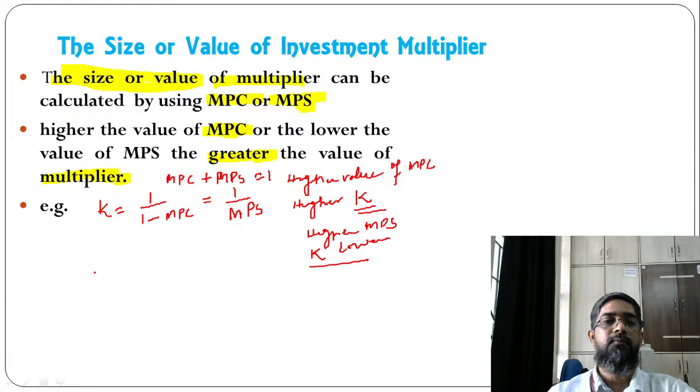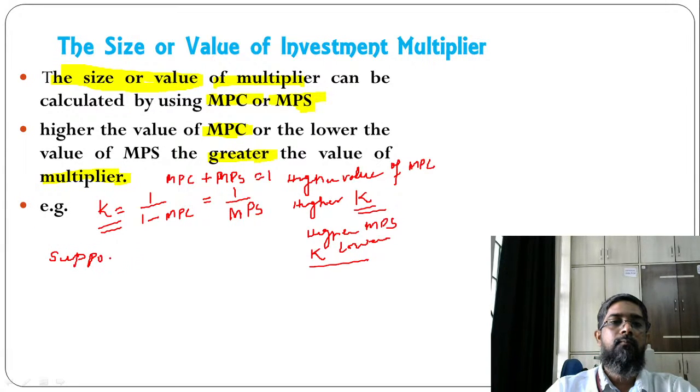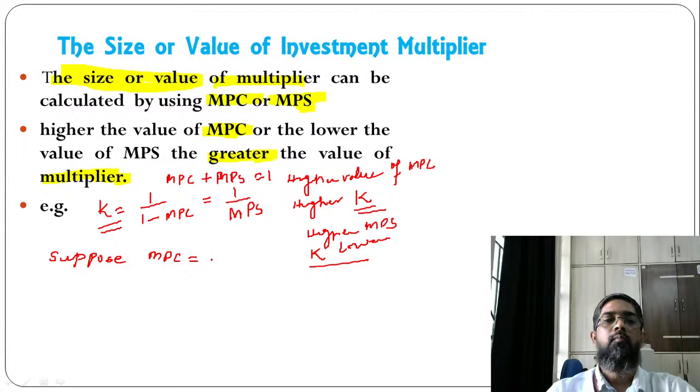Now let us take an example of how the value of k is finalized. Suppose MPC is equal to 0.8, that means 80%.